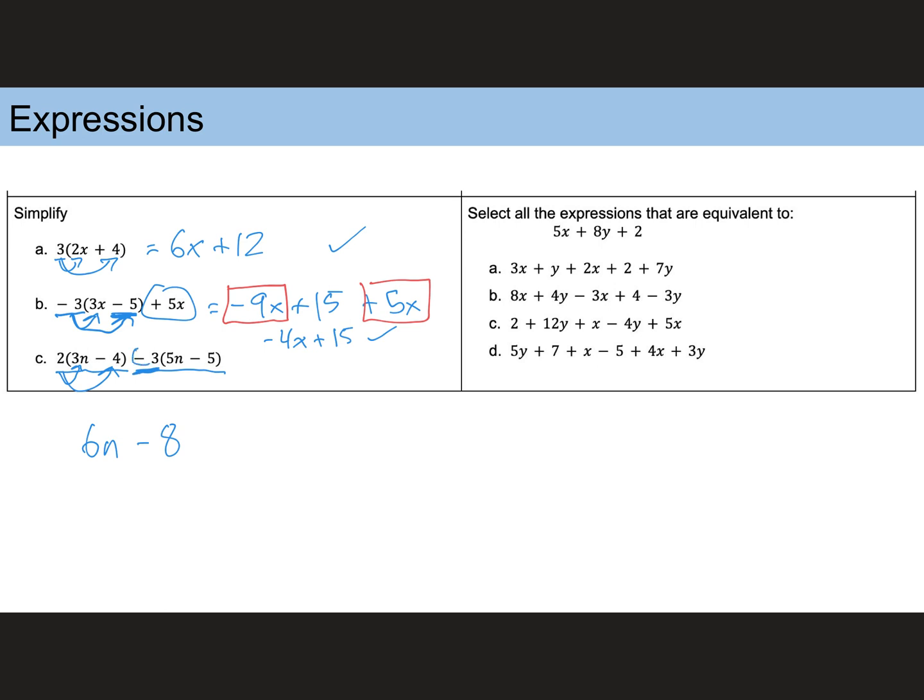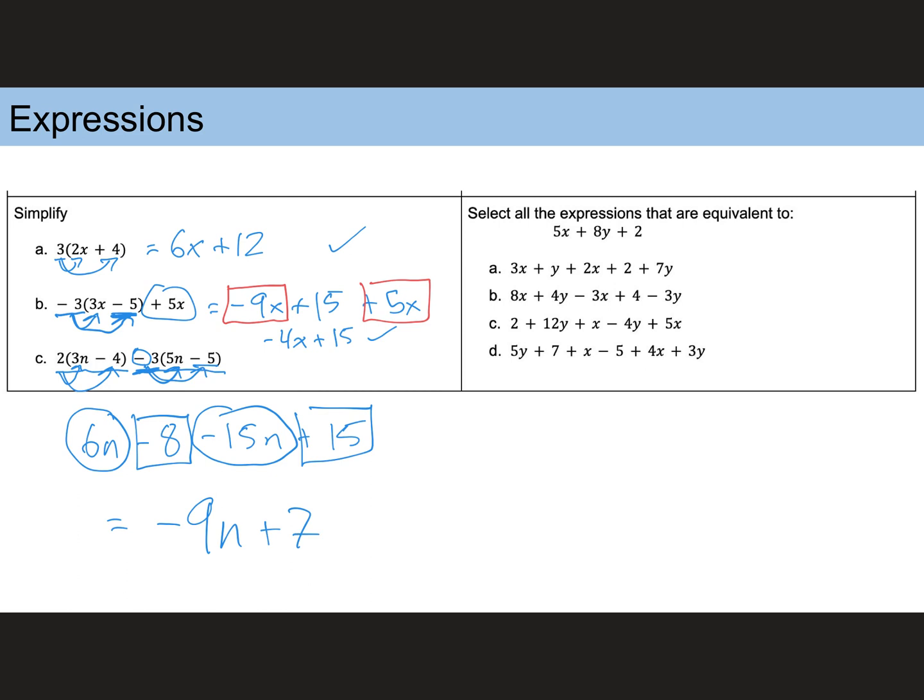I have to include that symbol. So it's -3 times 5n, which is -15n. And -3 times a -5 is a positive 15. And now I combine my like terms. 6n minus 15n equals a -9n. And then -8 plus 15 is 7. Done.